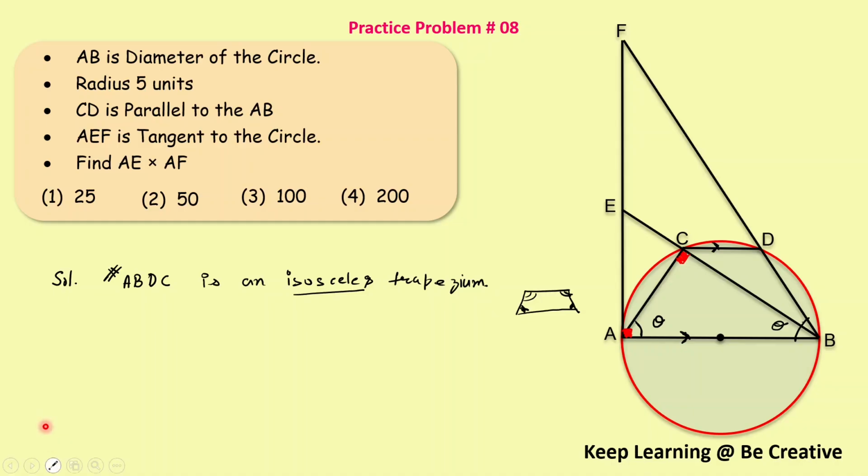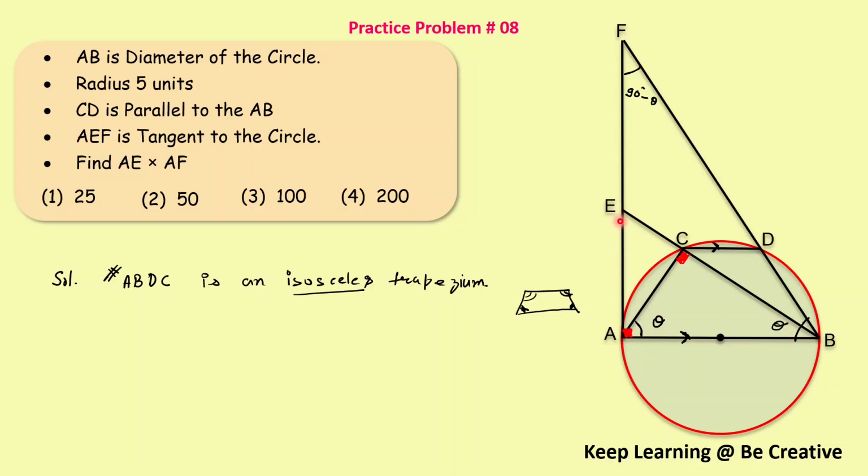Also I can mark the remaining angle as 90 minus theta. Now why I have considered this triangle: because we have this length AF in this bigger triangle. Now I need AE also, so I have two triangles related to this length AE. One is ECA and the other one is EAB.